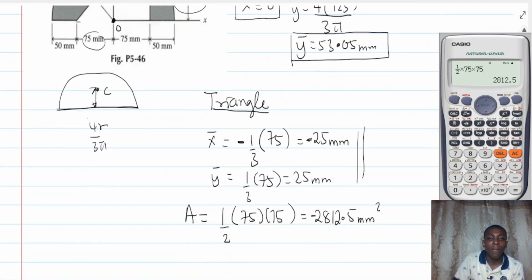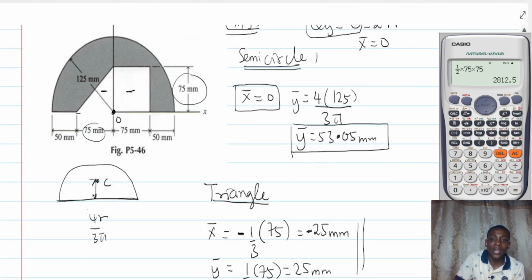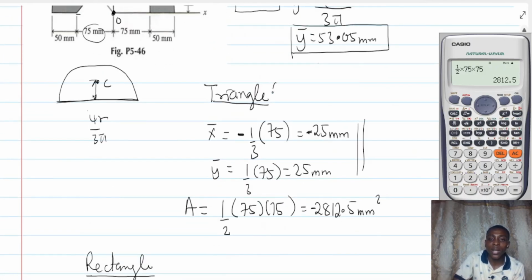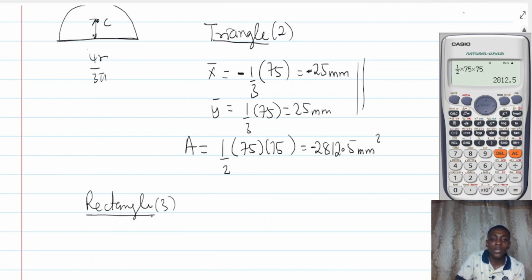All right, so we are done with the triangle. Let's look at the square, or in other words, the rectangle. The semicircle was 1, the triangle was 2, and now the rectangle is 3. Let's look at the x bar of the rectangle.